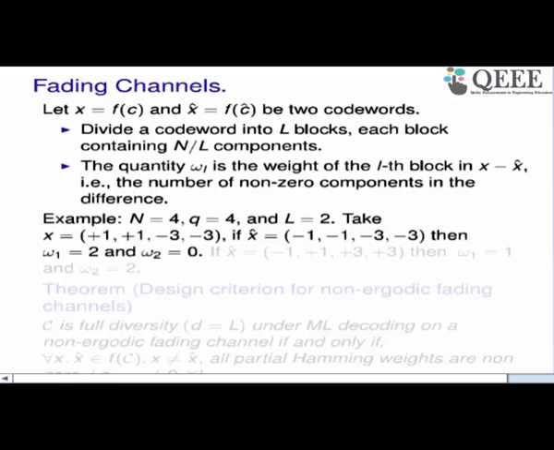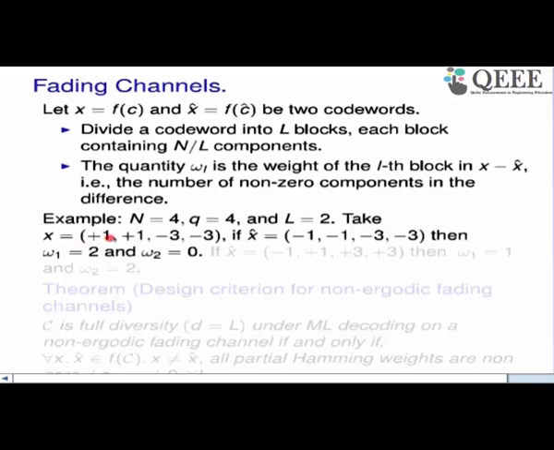The block length of the code is 4, and there are 2 blocks, so L is equal to 2. So what you see, you have an X: plus 1, plus 1, minus 3, minus 3. So the first 2 symbols correspond to the first block, the second 2 correspond to the second block. Take X hat. I am taking as an example minus 1 in the first block, minus 3 in the second block. Now subtract X and X hat.